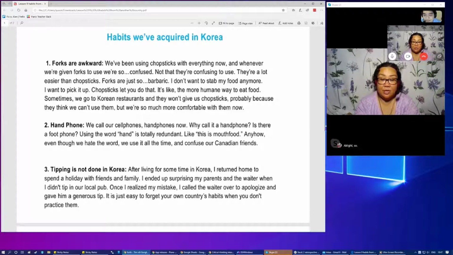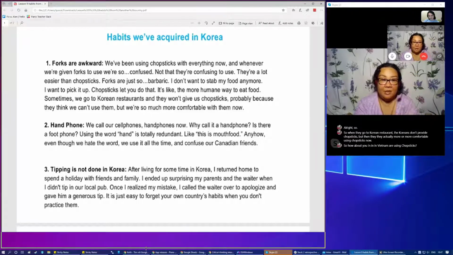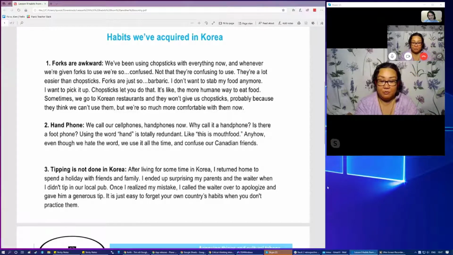So when they go to a Korean restaurant, Koreans don't provide chopsticks, but then they actually are more comfortable using chopsticks now. So how about you in Vietnam? Are you using chopsticks? Yeah, all the time. In the Philippines, we use spoon and fork.